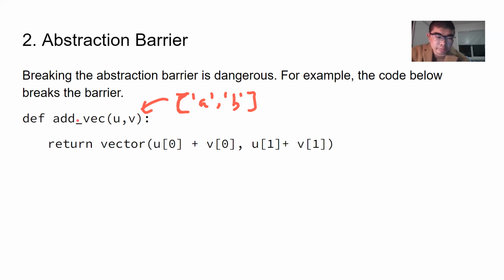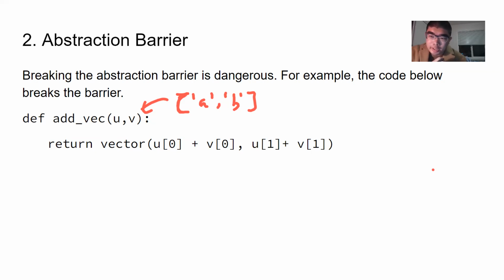When I put this into add vector, if you find the x component by simply saying u of 0, you get an A, and u of 1 gives you the character B. They are not numbers, but you still do addition with characters, which simply creates a type error.